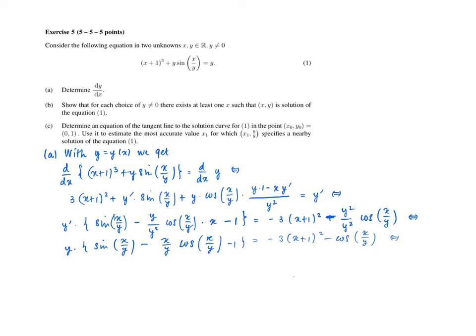Well, this is just equivalent with saying that y prime equals the right hand side, which is just repeating what we've written before, divided by the sine of x over y minus x over y cosine x over y minus 1.